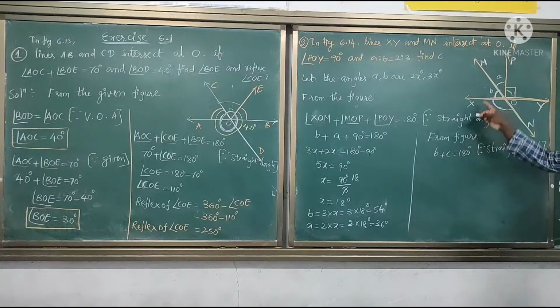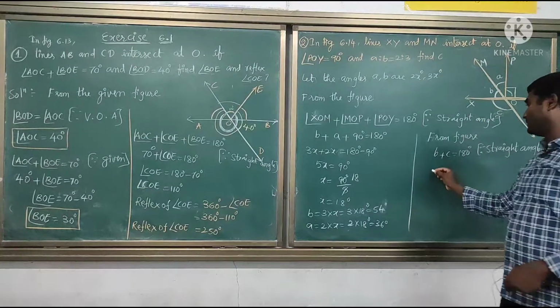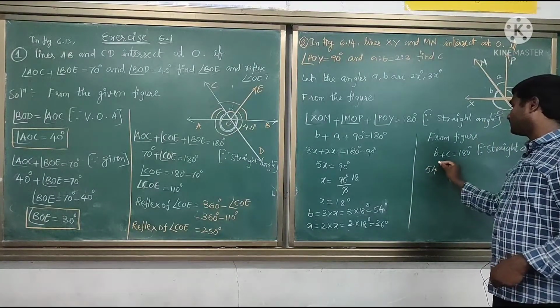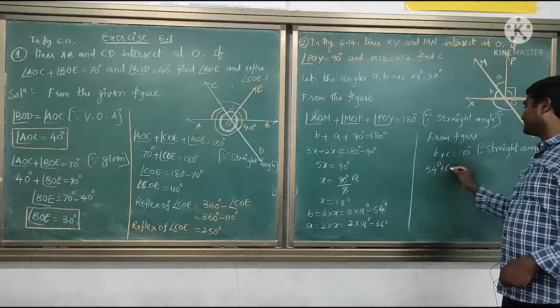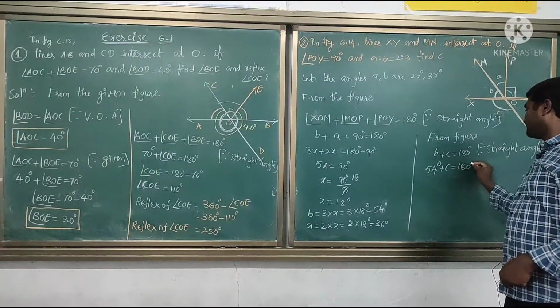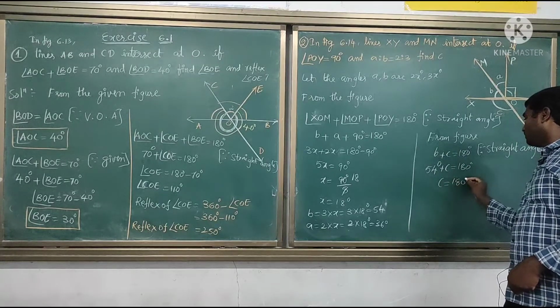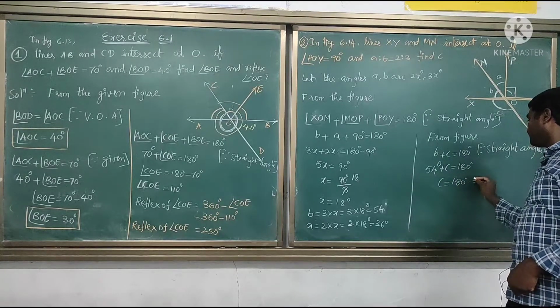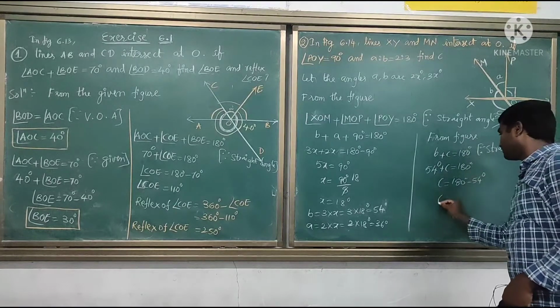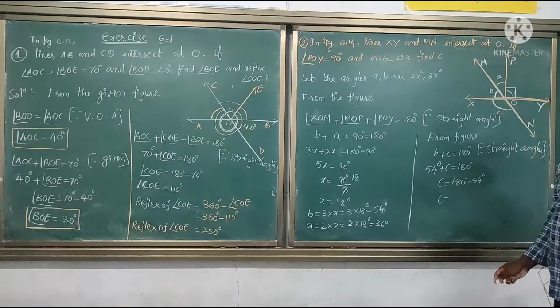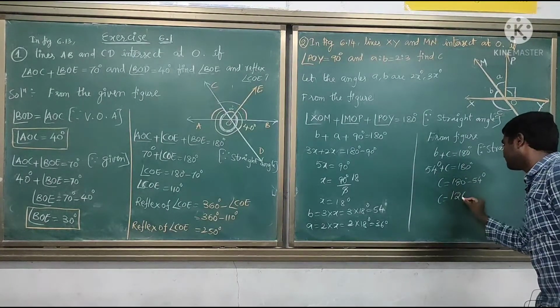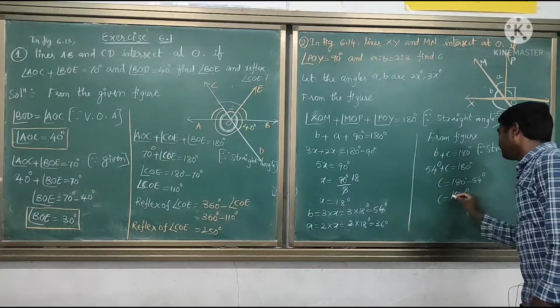Now B is how much we obtained? 54 degrees. So B equals 54 degrees. C equals 180 degrees, then 54 you can transpose to the right side. C equals 180 degrees minus 54 degrees, which is C equals how much? 126 degrees. What is the C value? 126 degrees.